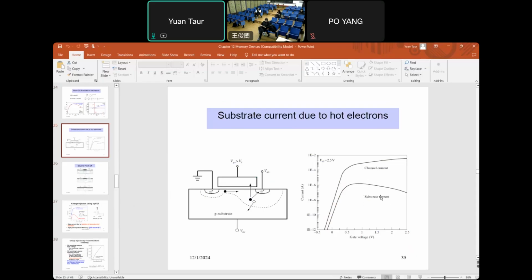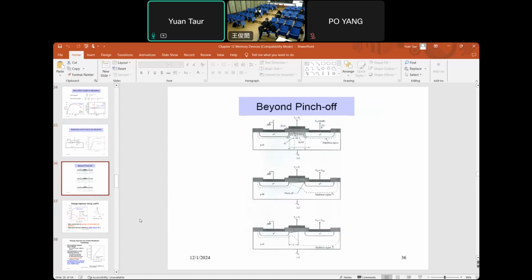This is one way to measure the amount of hot electrons, because once you have a hot electron, you produce holes, and the holes get injected into the substrate, producing substrate current. And I explained that before.